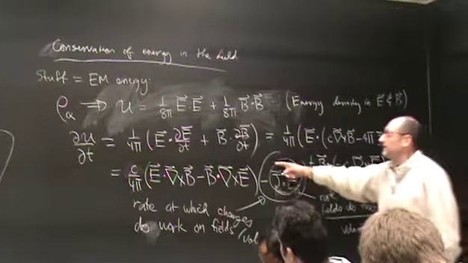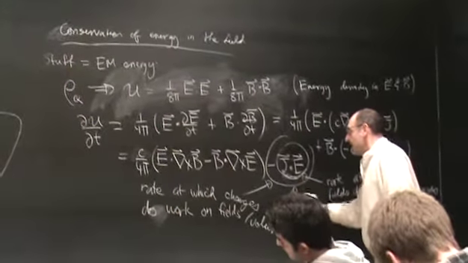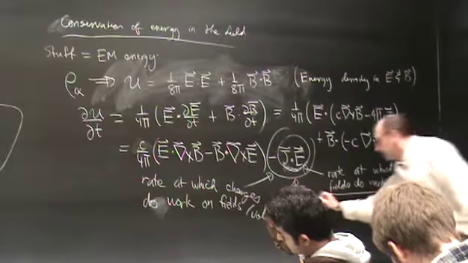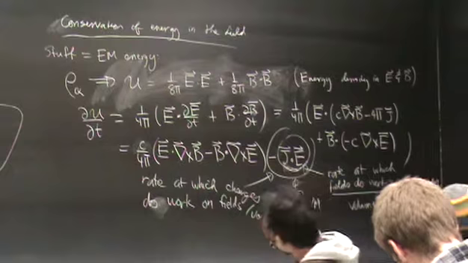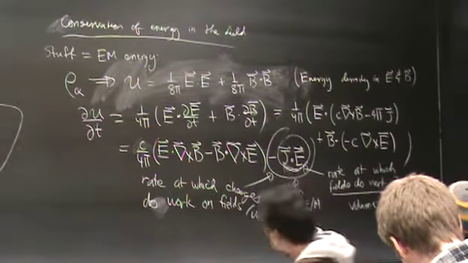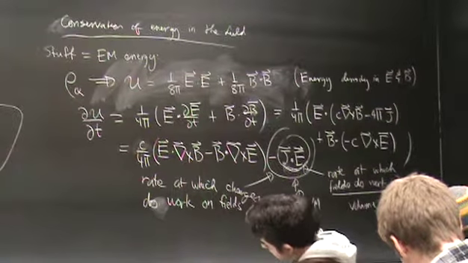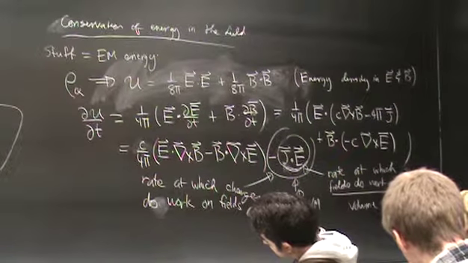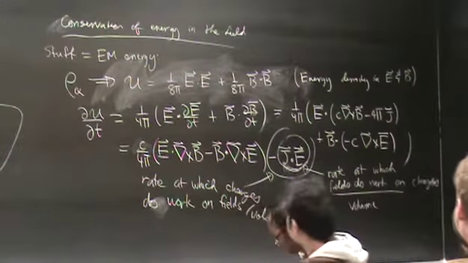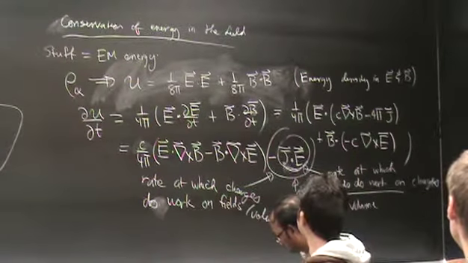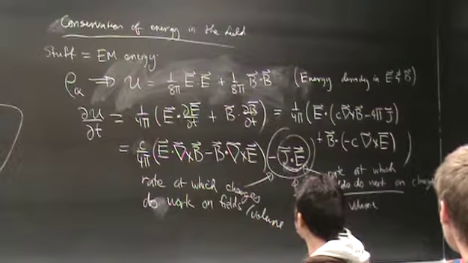So minus J dot E is equal to the rate of creation of electromagnetic energy per unit volume. Now, if minus J dot E is negative, well then we're not creating energy, we're dissipating energy. But if minus J dot E is positive, then we're creating energy in the electric and magnetic fields.